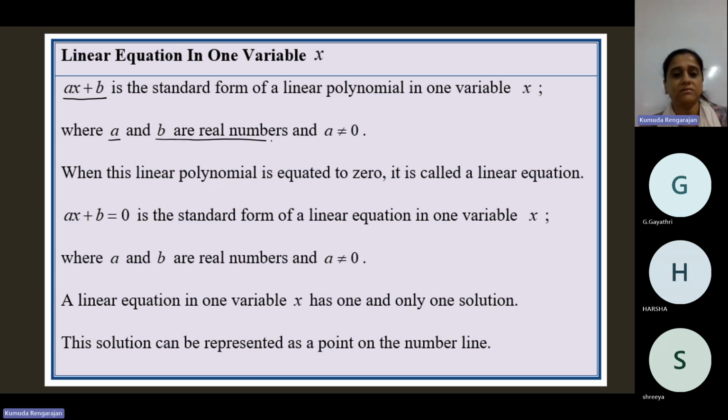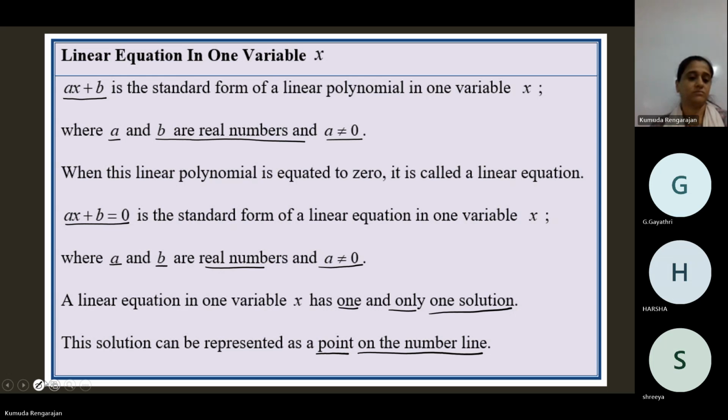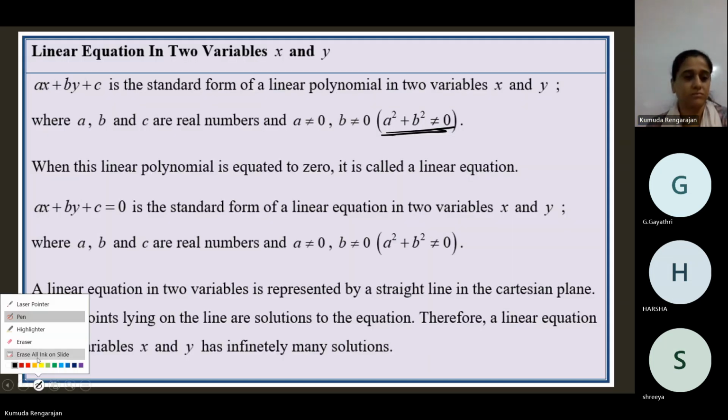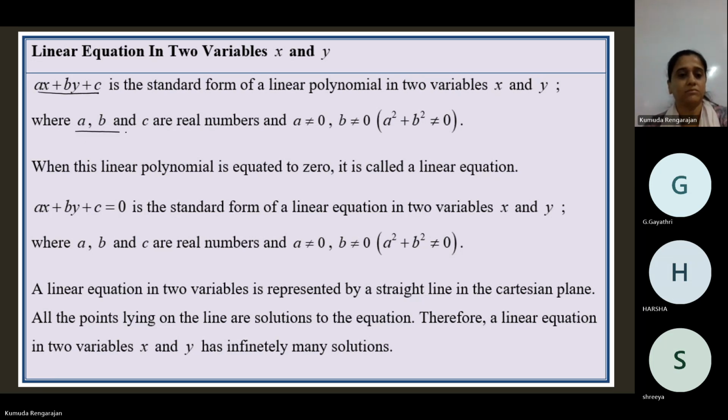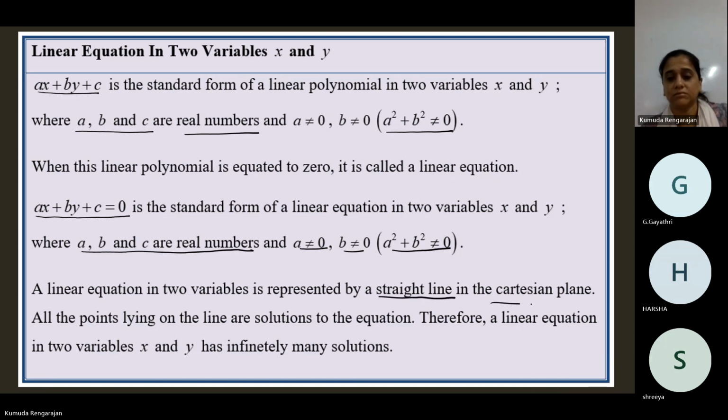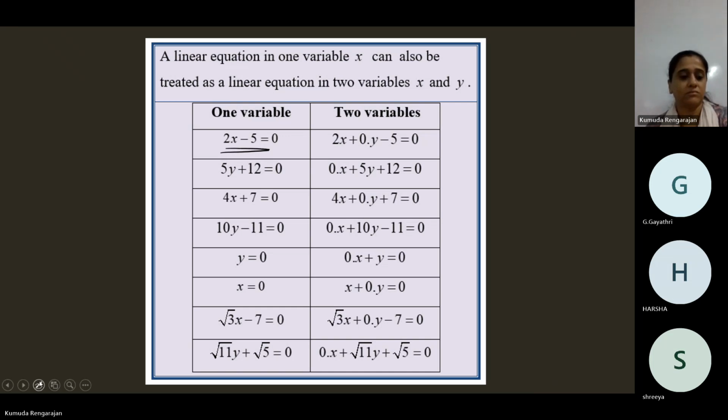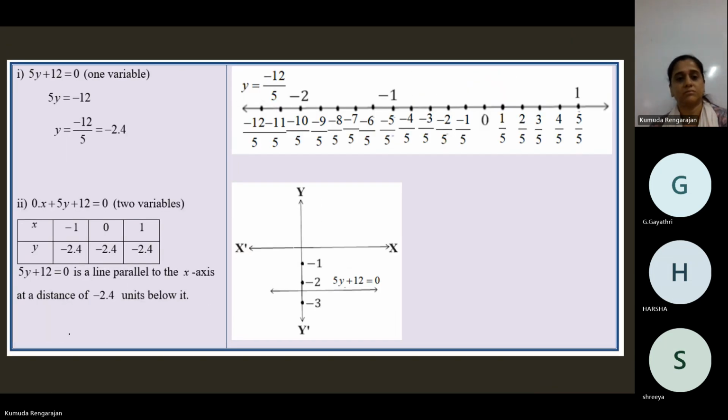Just see whatever I'm underlining. Okay.